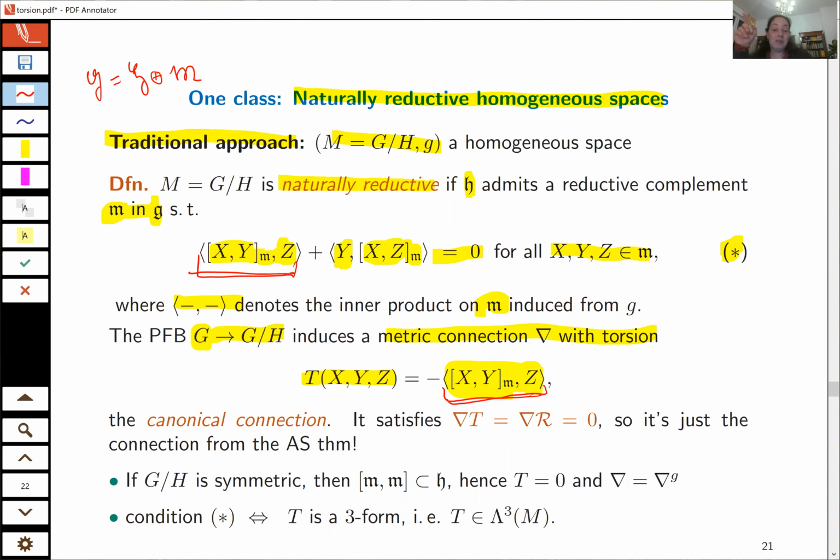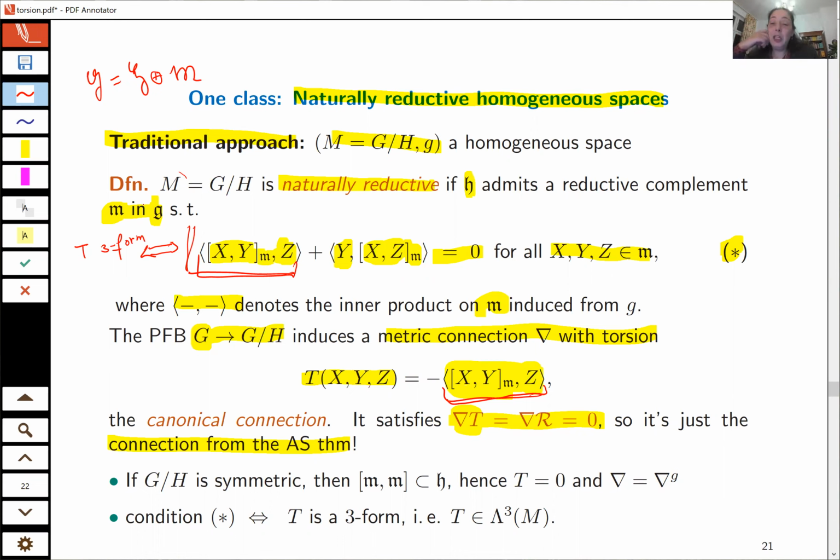And so this connection, by the general holonomy principle, will satisfy that its torsion and curvature are parallel. So this is just the Ambrose-Singer connection from the theorem. Furthermore, we see that the condition for the metric to be naturally reductive is just equivalent to T being a 3-form.